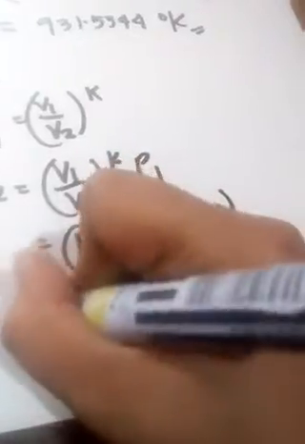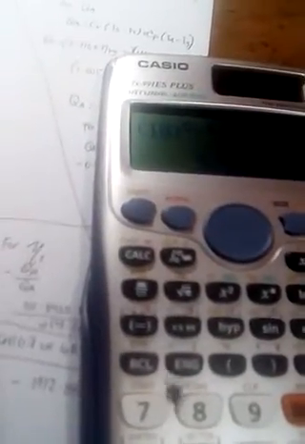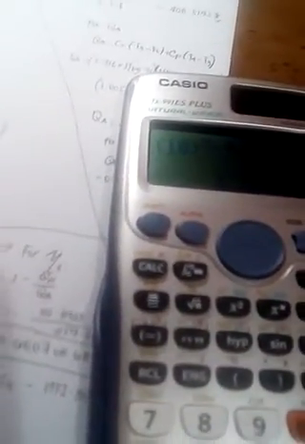Therefore, P2 would become 18 raised to 0.4 times 1.01. Oh wait, I think it's 1.4.